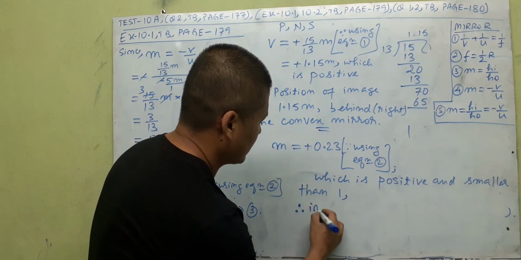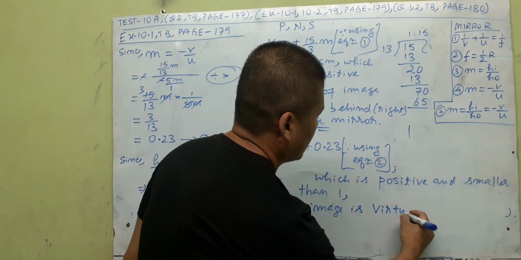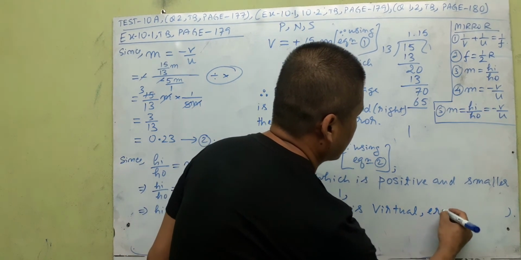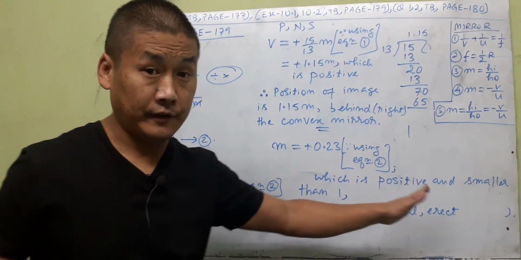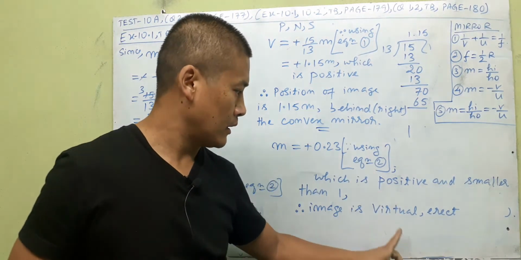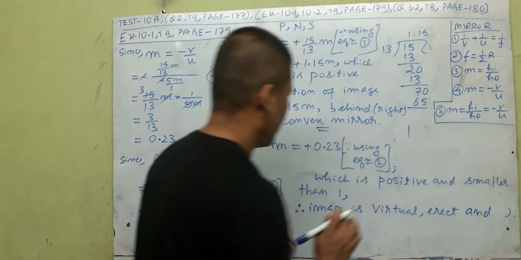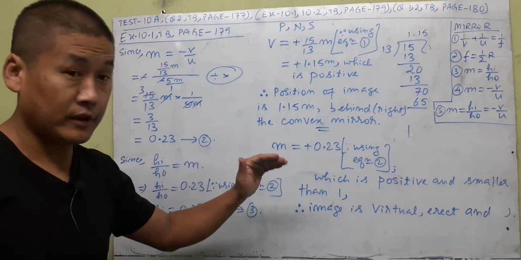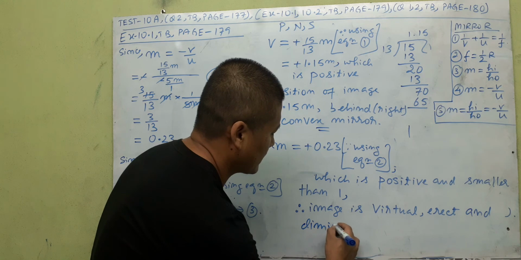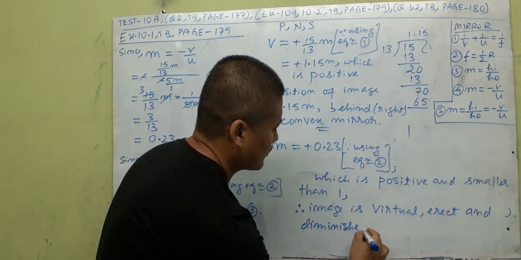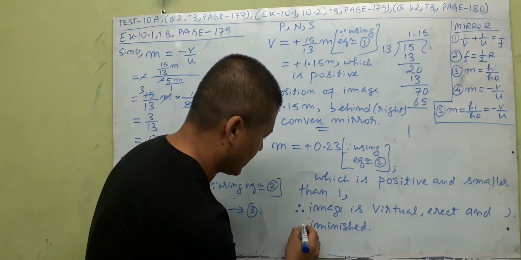Positive means the image is virtual, erect. When M is positive, the image is always virtual erect. Minus means real, inverted, right? Virtual erect. And the value is smaller than 1, which means, just now case 1, 2, 3, smaller than 1 means the image is diminished. So the size of the image of the bus will be much smaller than the actual size of the bus, diminished. So that is the nature.